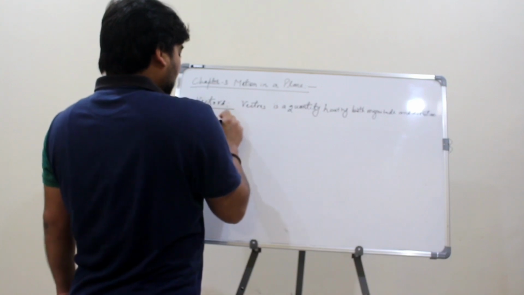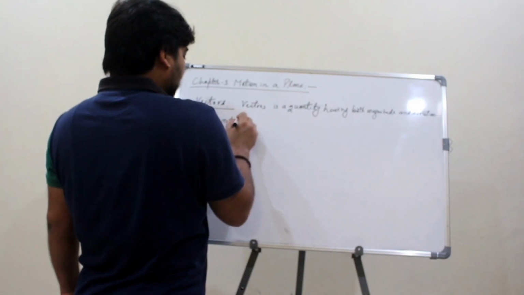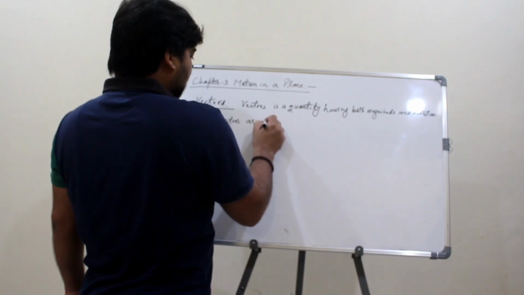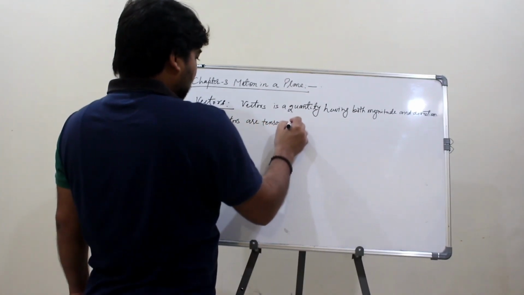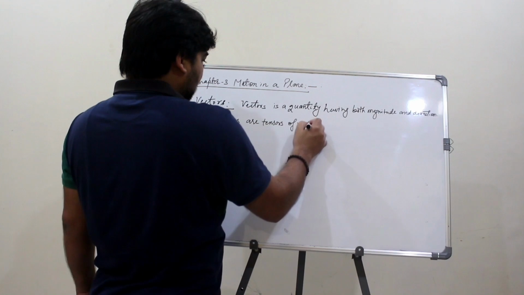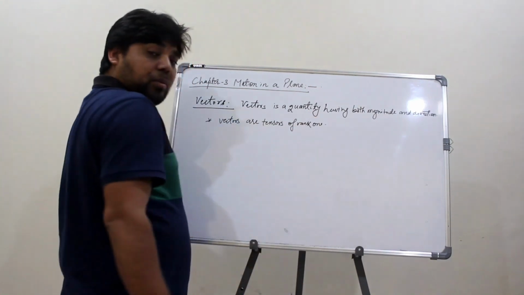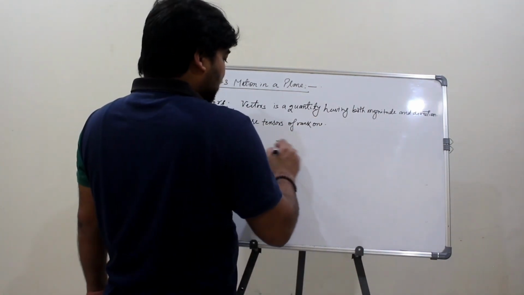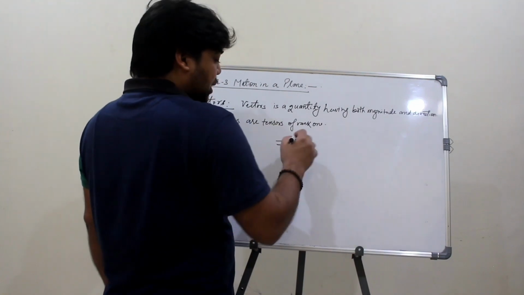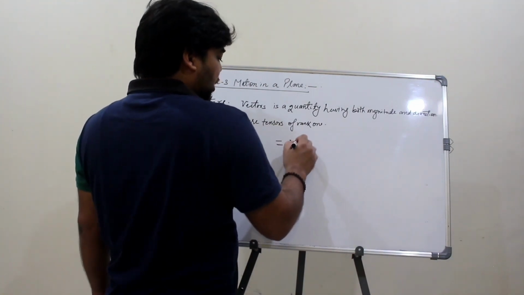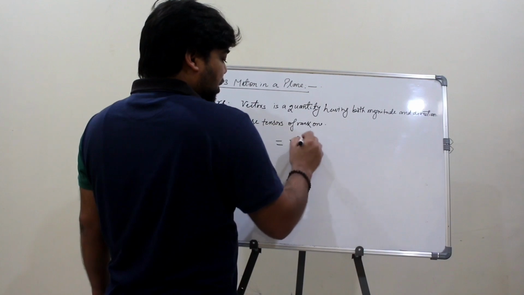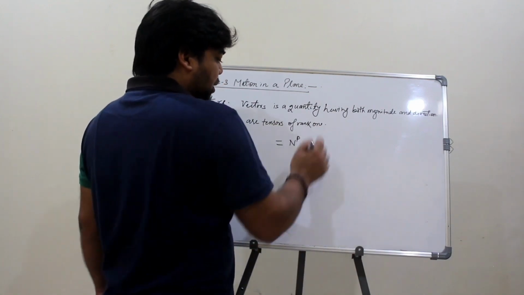Vectors are tensors of rank 1. The number of components of a tensor is n to the power p, where n is the dimension and p is the rank of the tensor.